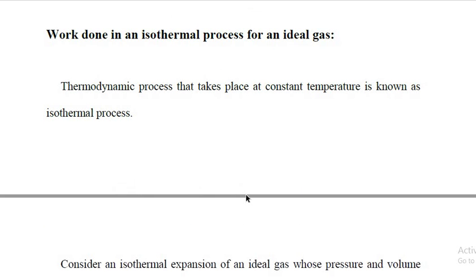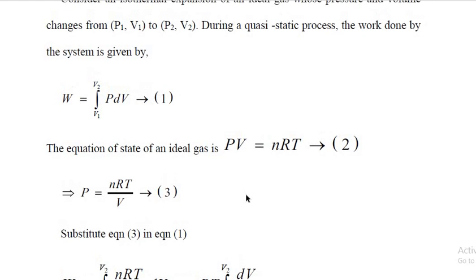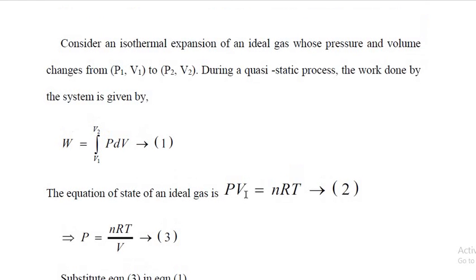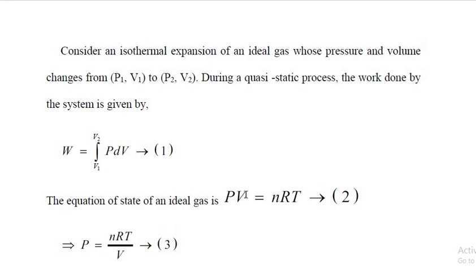Now, work done in an isothermal process for an ideal gas. What is an isothermal process? It is a process that takes place at constant temperature. Now consider an isothermal expansion of an ideal gas whose pressure and volume change from P1 V1 to P2 V2.